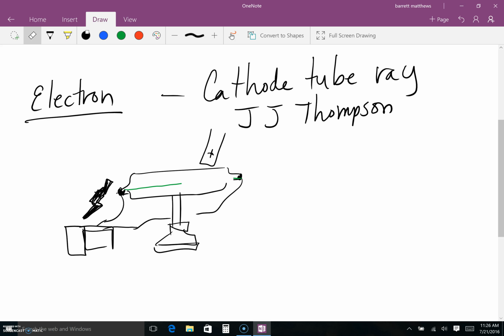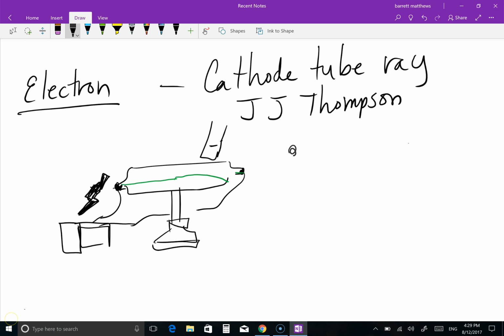Whenever a positive magnet was placed next to the tube, the stream bent towards it. Then he flipped the magnet around and put a different charge on it. Whenever they put a negative magnet next to it, the beam bent away from it.